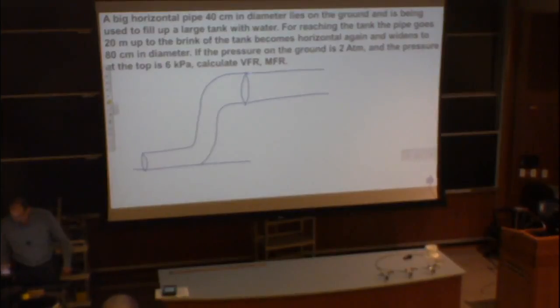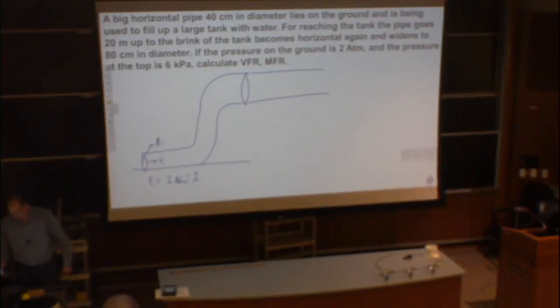This is A1, it travels at a certain speed, there is a certain pressure here, which is given to us at the ground. Pressure is 2 atmospheres, and I've seen people using 2. You cannot use a 2 because the unit is wrong. We have to use the international system of units.